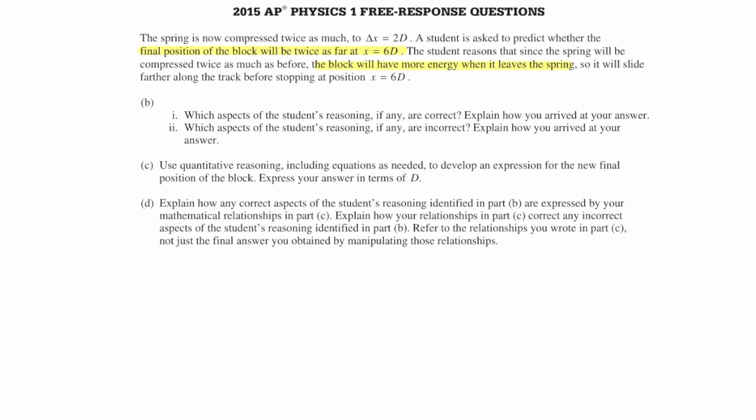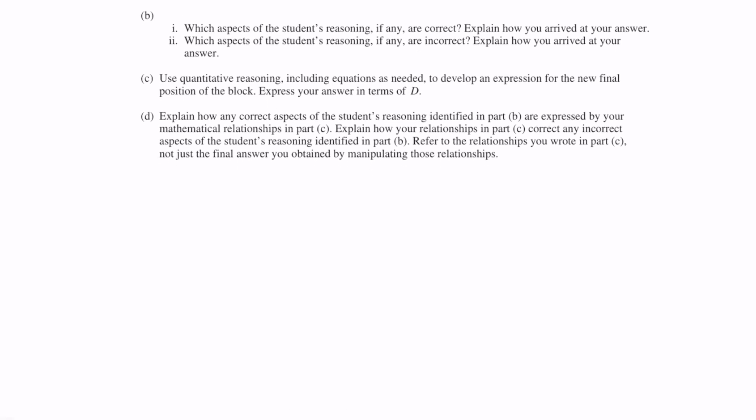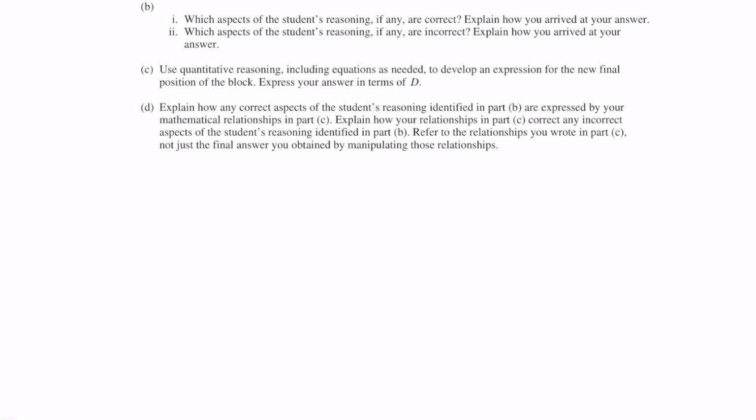Okay, now in part C, we're asked to use quantitative reasoning, including equations if we need, to develop an expression for the new final position in terms of D. So we're going to move down here, and we know that the maximum energy of the system is given by the initial spring potential energy.